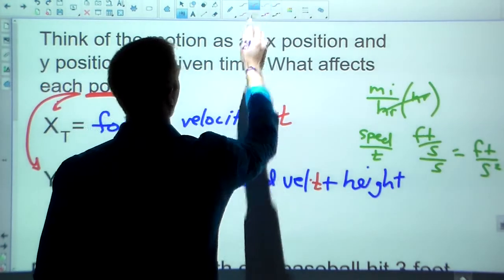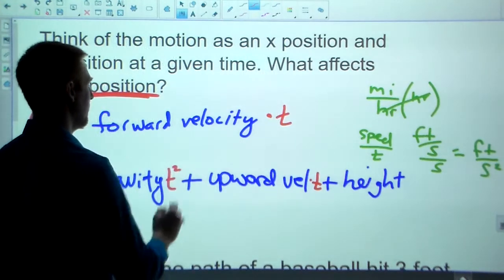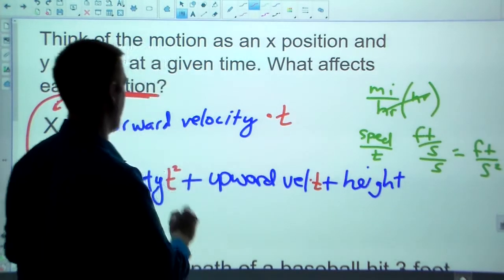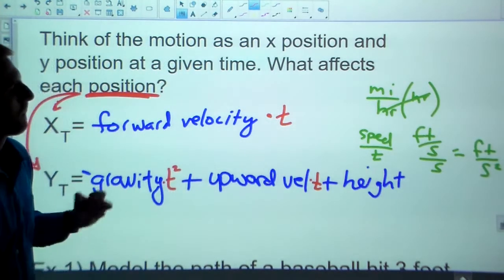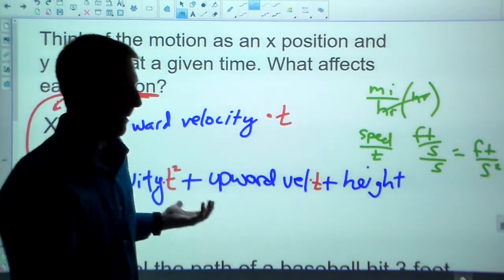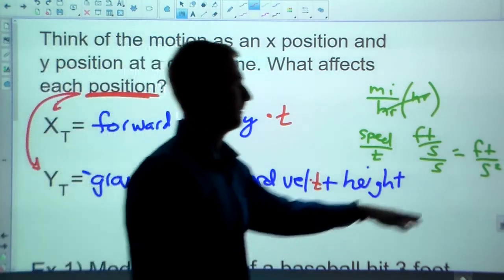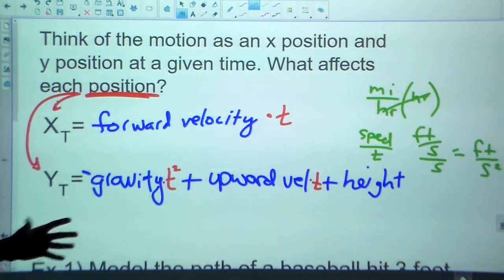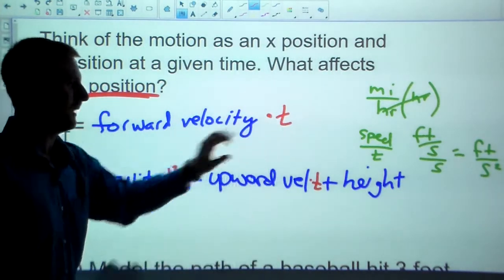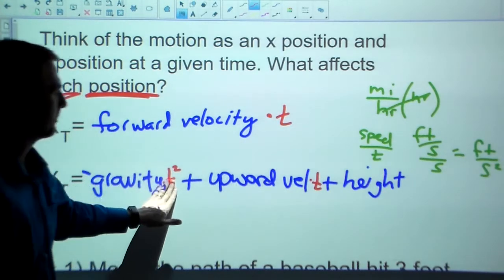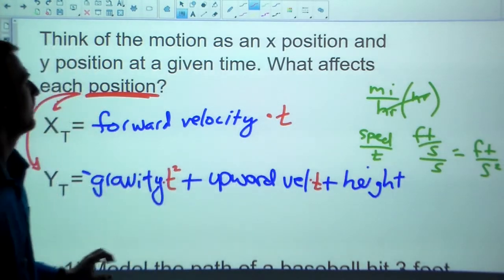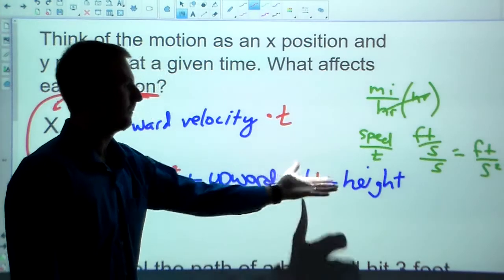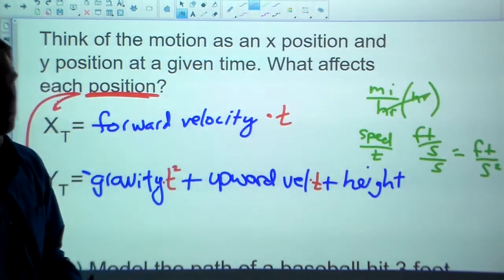What that means is for your time over here, we need to actually multiply times time squared, because that would be time times a second, seconds squared, kind of cancel out. That's the logic behind that. So that's the way it's got to go. Velocity multiplies by time, gravity times time squared, or acceleration ultimately. Velocity times time, height's already a distance, so that's good to go.